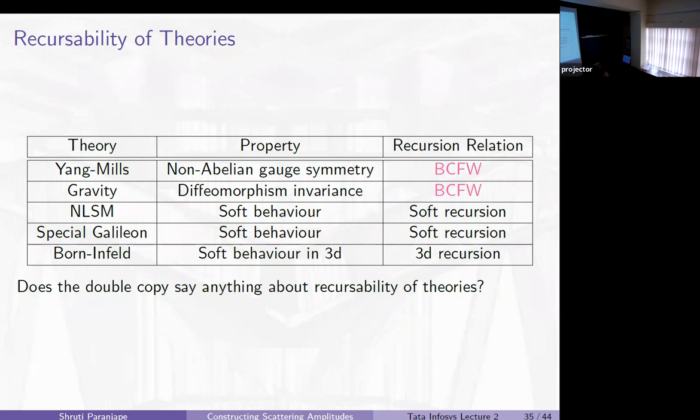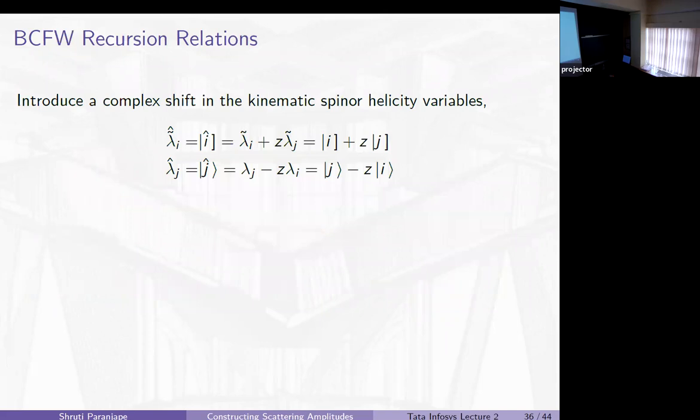Okay. So what is BCFW? This is a recursion relation that was introduced by Britto, Cachazo, Feng, and Witten. And it's very similar to the one that we saw a couple of days ago.